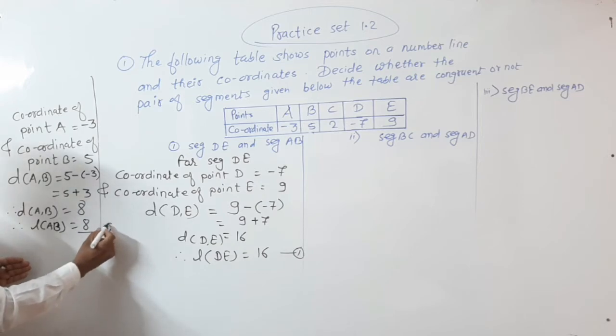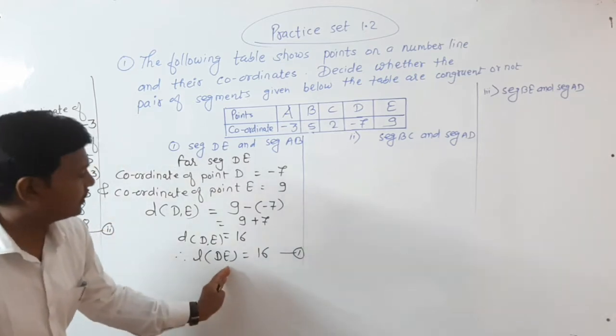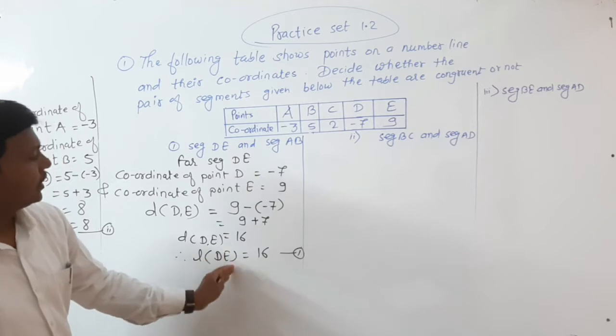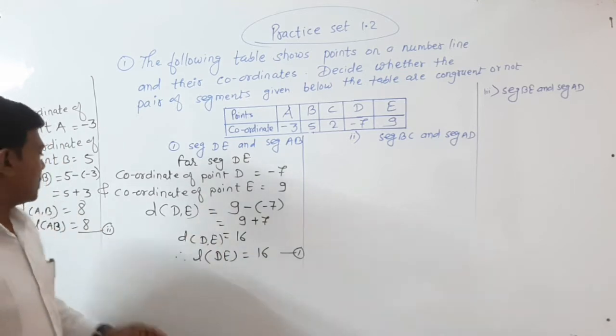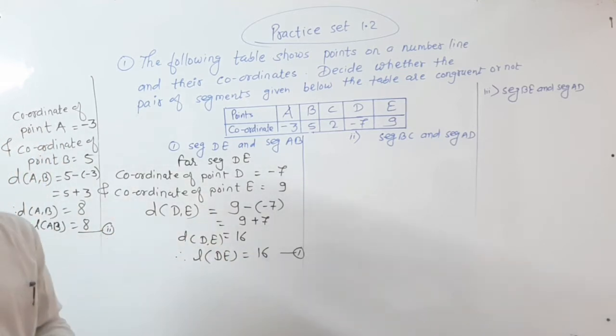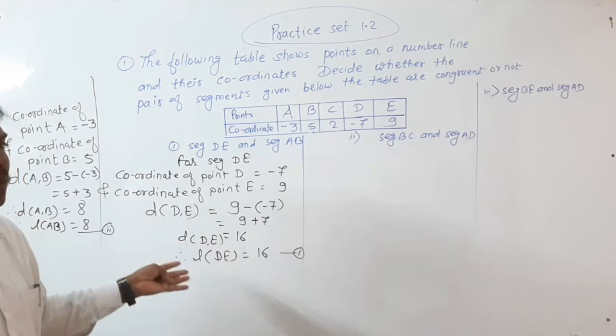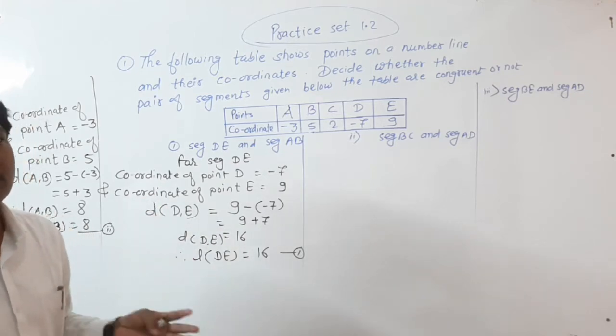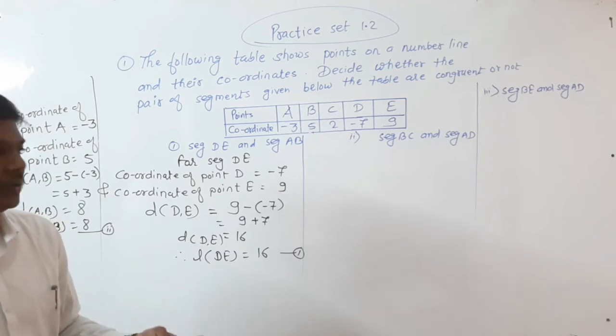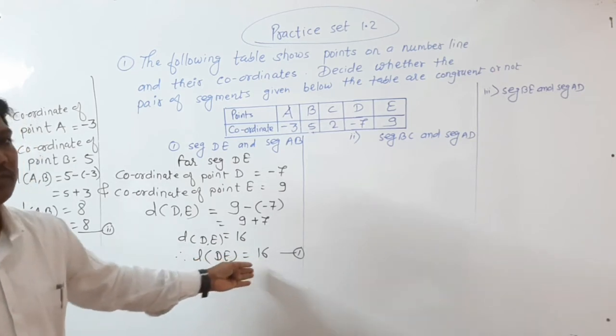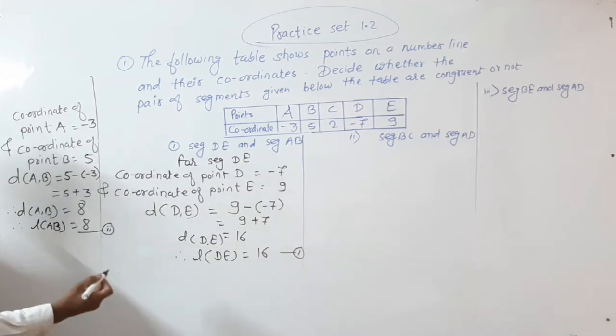Then see 1 and 2. Here distance or length DE is 16 and length AB is 8. Then how is it possible? So we say both are not congruent. Why? Because length DE is 16 and length AB is not equal.